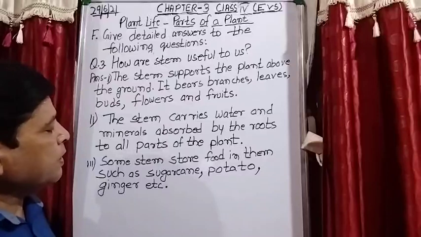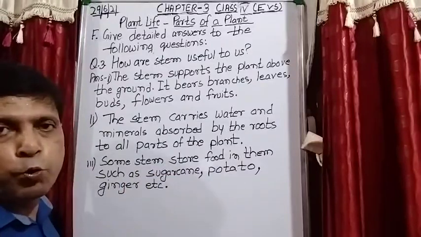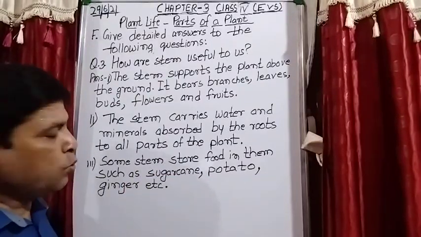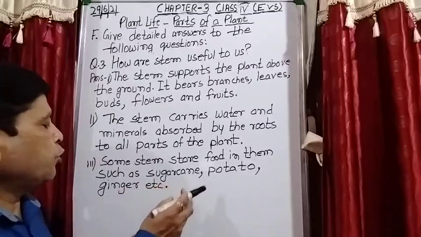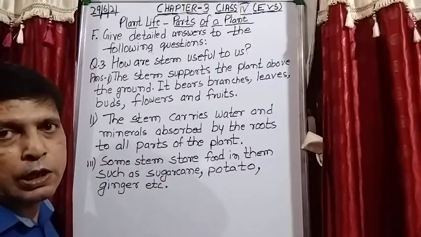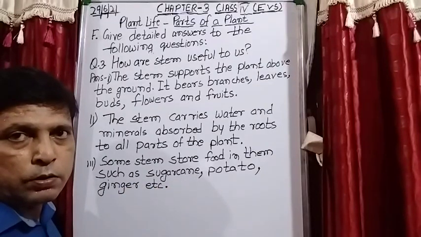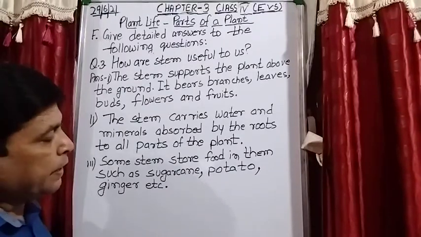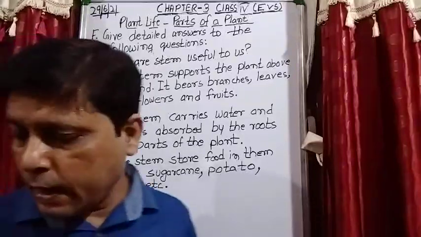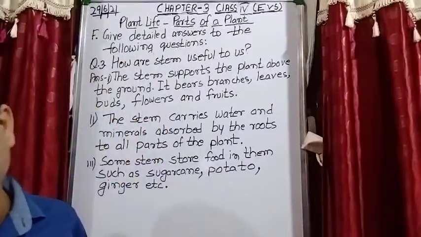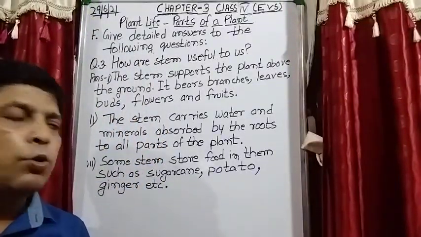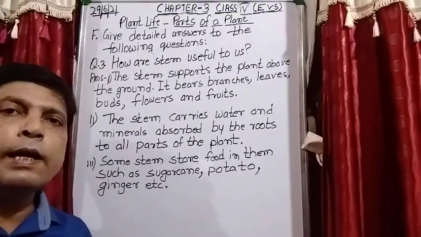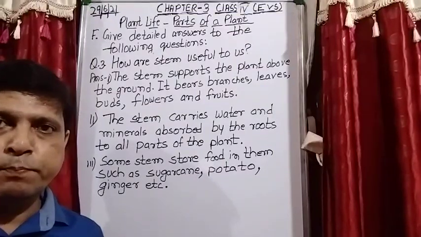In the same manner, some stems store food in them, such as sugarcane, potato, ginger, etcetera, and we eat these stems. Potato and ginger are underground stems.